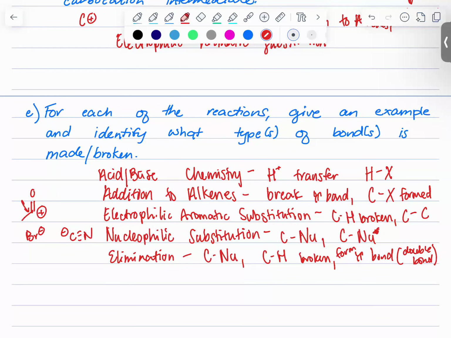So next we have redox reactions. These ones are a little bit more complicated because we have a wide variety of redox reactions. What are some examples of bonds that we can see formed? What are some classic examples of oxidation?